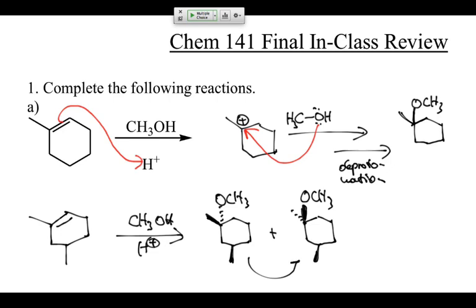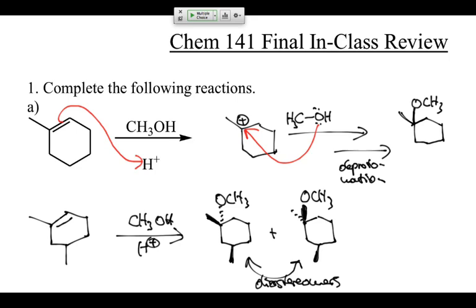Now in this case, these would be diastereomers. Does that make sense? But if it were different, like it didn't have a second chiral center, then you would form enantiomers. But in the one up there, it's not a chiral molecule, so you don't form the enantiomer. So think about these kind of things carefully. In my opinion, that's the hardest thing to think about. The stereochemistry. Okay, good question.